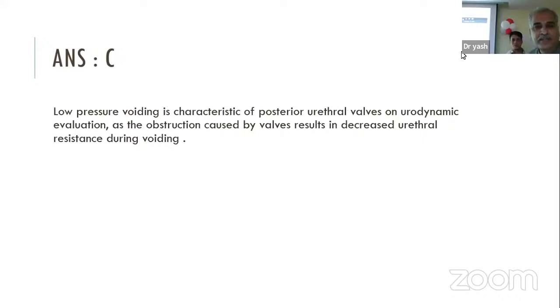Okay, I'm not very sure about this. So, Dr. Bhatt, can you hear me? Decreased voiding pressure? I think decreased is the right one because there is a dilatation of the posterior urethra.